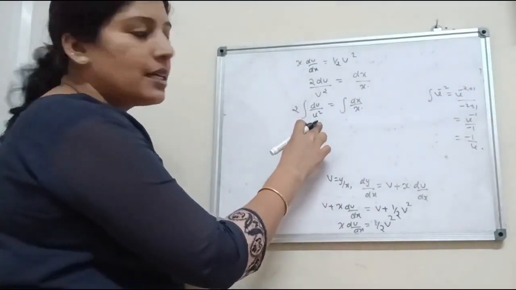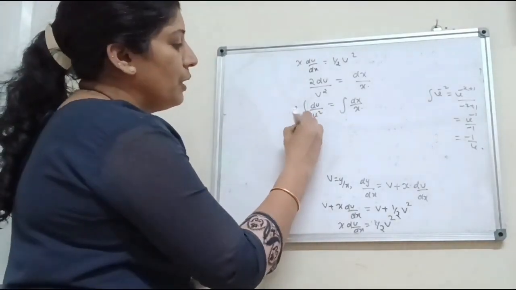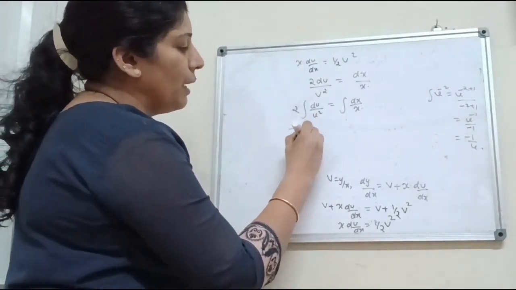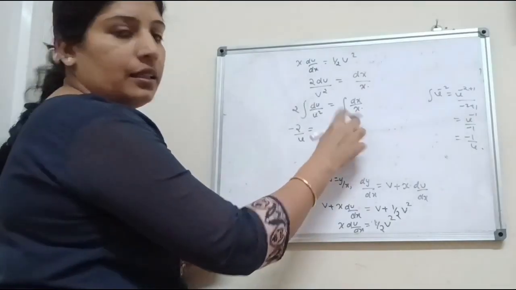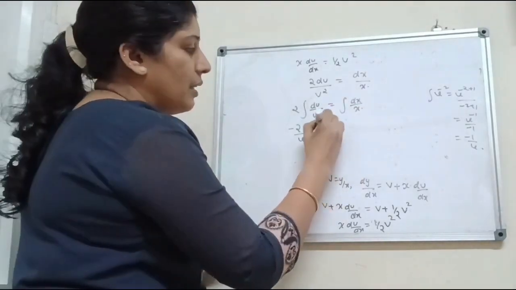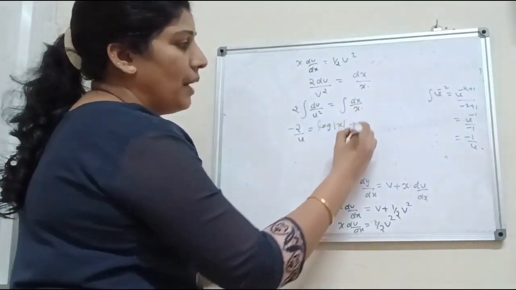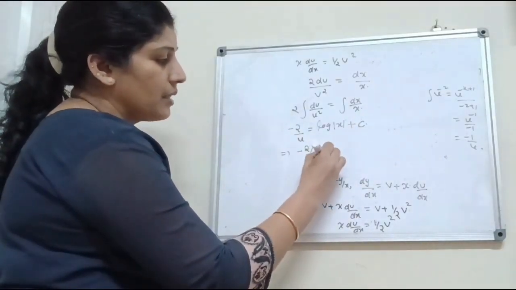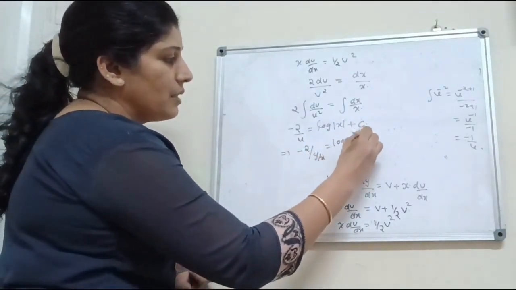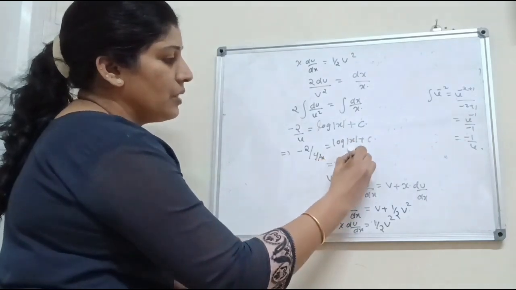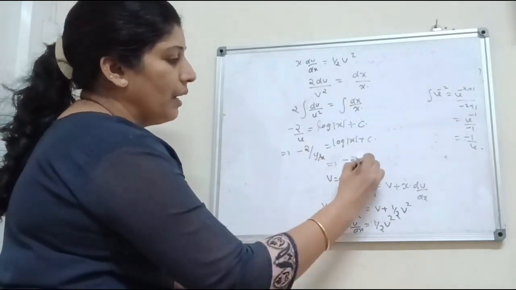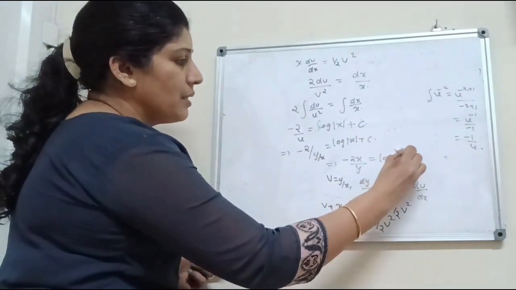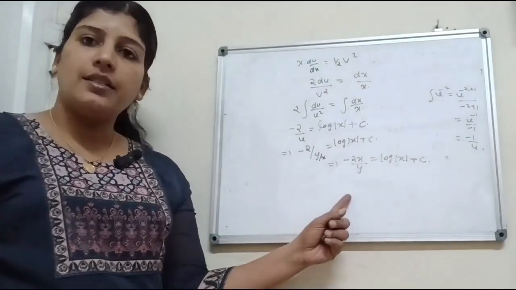That is 2 into minus 1 by v, that is minus 2 by v equal to, here what? Integral 1 by x dx, that is log x plus c. Minus 2 by v, v equal to y by x, equal to log mod x plus c. That's equal to minus 2x by y equal to log mod x plus c. This is the general solution.